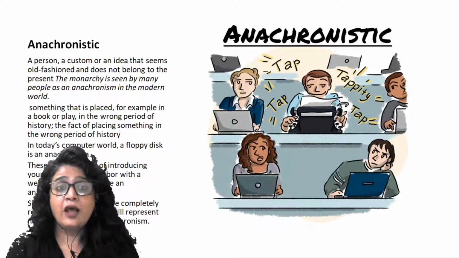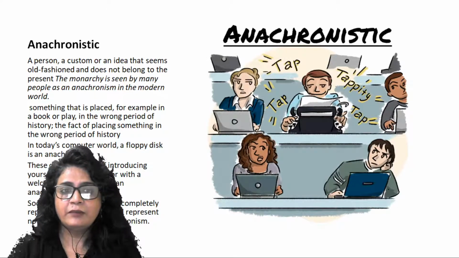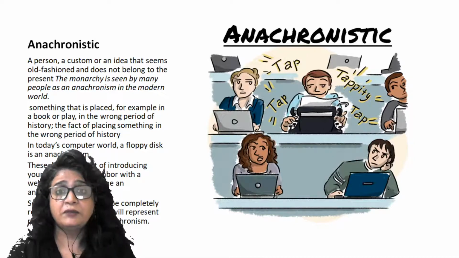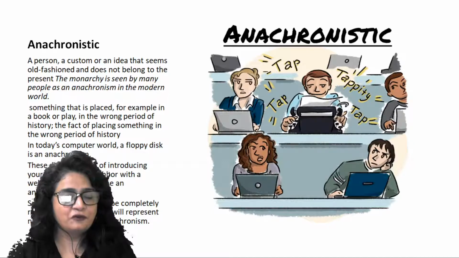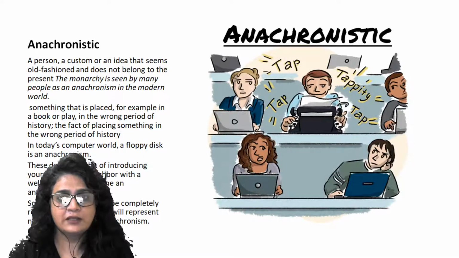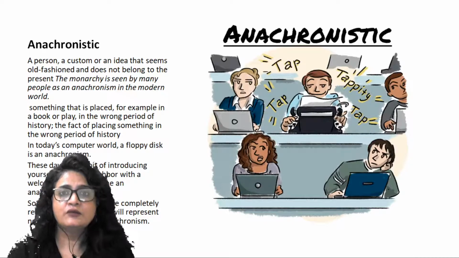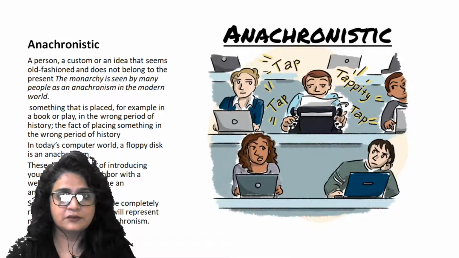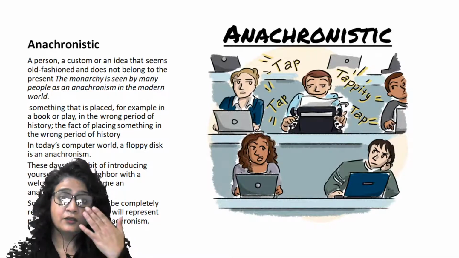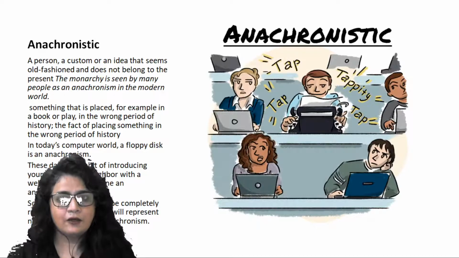So the monarchy is seen by many people as an anachronism in the modern world. A lot of countries have abolished monarchy. They have done away with the monarchy system because it does not fit with the democratic values which are popular in contemporary times. So here monarchy is anachronistic.